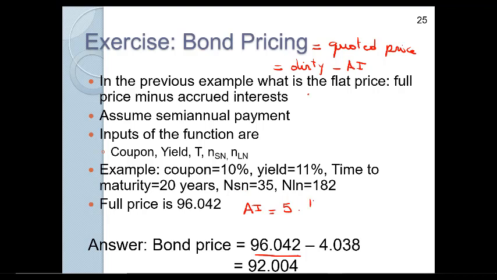So it's going to be 147 over 182, where this one is 182 minus 35. From here, we're going to get 4.038. So these are going to be the accrued interests. That's the part that does not correspond to the buyer of the bond. It corresponds to the seller. Hence, the clean price or the quoted price should not include this value. So we take the dirty price, the 96.042, we subtract the accrued interest, and we get the quoted price.